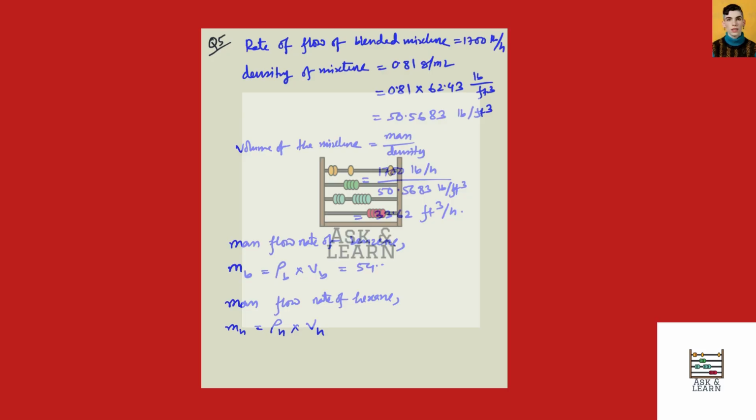Now we know that the density of benzene is 54.87 pound per feet cube, and the density of hexane is 41.17 pound per feet cube.